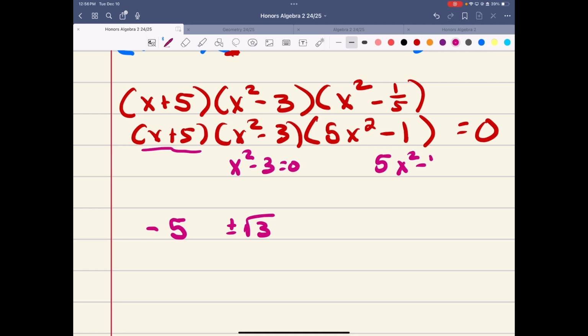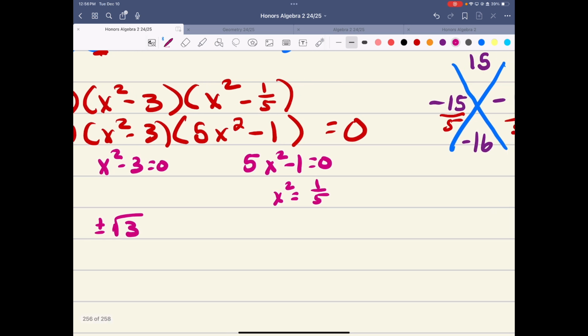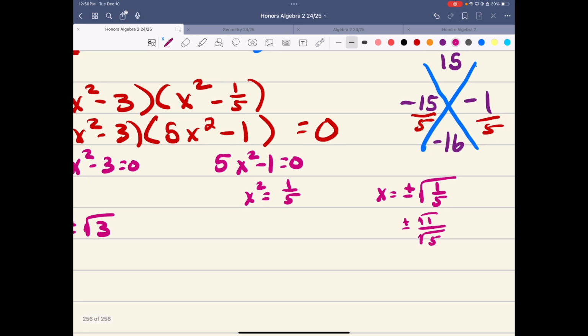5x squared minus 1 equals 0. Add 1 and divide by 5, so you get x squared equals 1/5. So, kind of on the side, that means x is equal to positive or negative square root of 1/5. But remember from a long time ago, that's the square root of 1 over the square root of 5.